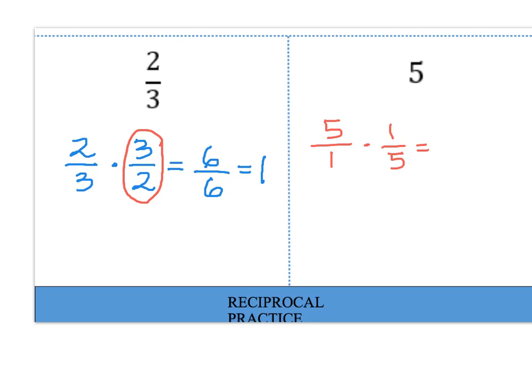What I want to do is multiply straight across, so 5 times 1 is 5, and 1 times 5 is 5. We know that 5/5 is the same as 1 whole. So what this just proves is that the reciprocal of 5/1 is 1/5 because when I multiplied them, the product became 1.